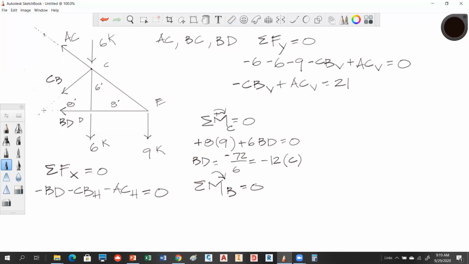So this is actually point B down here. Does everybody see that? Can you guys see that?